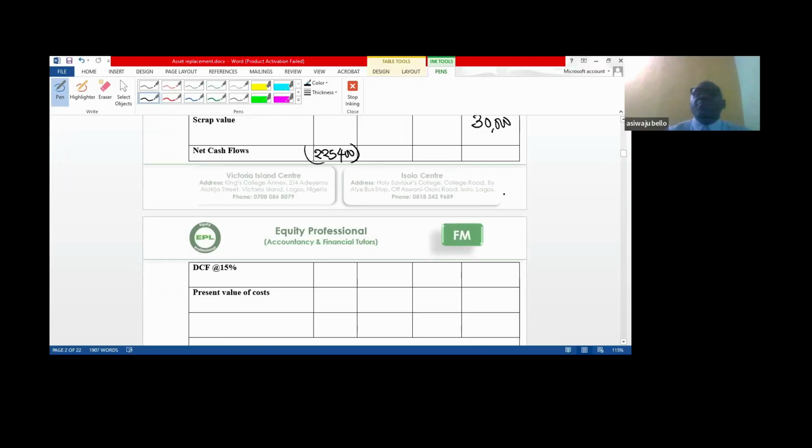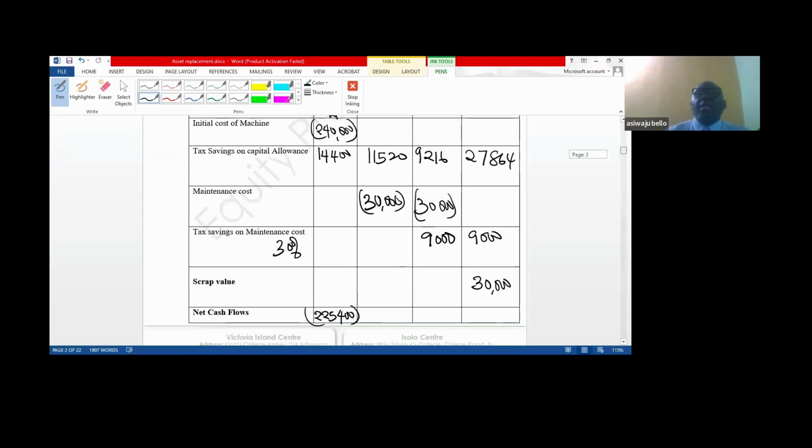For year 1, 11,520 minus 30,000. That will give you negative 18,480.